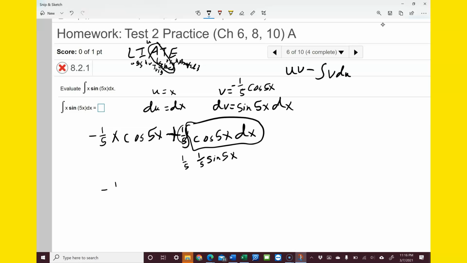So I get negative 1/5 x cosine 5x plus 1/25 sine 5x. And since this is an indefinite integral, I got to put plus c. Now let's hope this is right. I'm going to put the 1/25 sine 5x first, then minus 1/5 x cosine 5x.